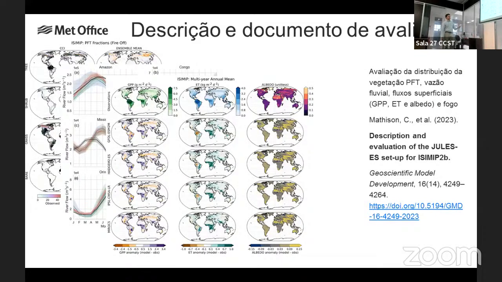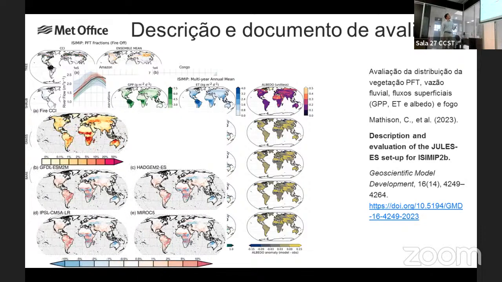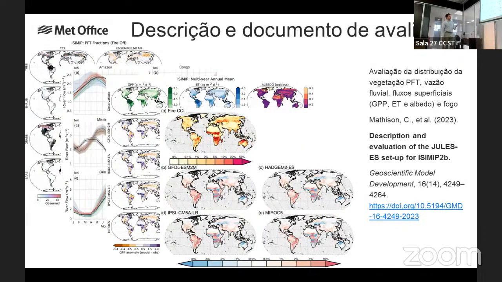So evapotranspiration globally, GPP, and albedo. And this isn't necessarily Jules. This is CMIP across a whole suite of models. No, CMIP isn't, sorry, that's wrong. You can also look at the impact of burnt area and other things. So this is how we validate this model.